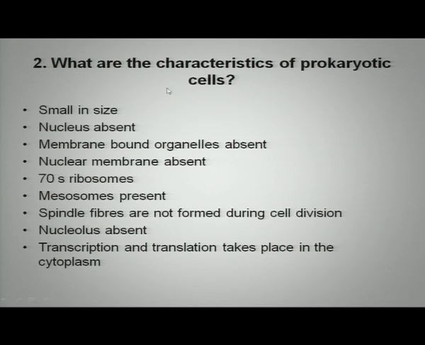Your second question was, what are the characteristics of a prokaryotic cell? You check your answers. Small in size, nucleus absent, membrane bound organelles absent, nuclear membrane absent, the ribosome is 70S ribosome, they contain mesosomes, the infoldings of plasma membrane.